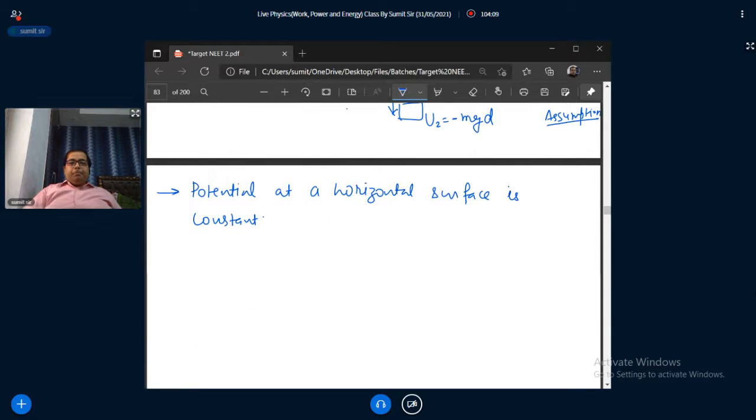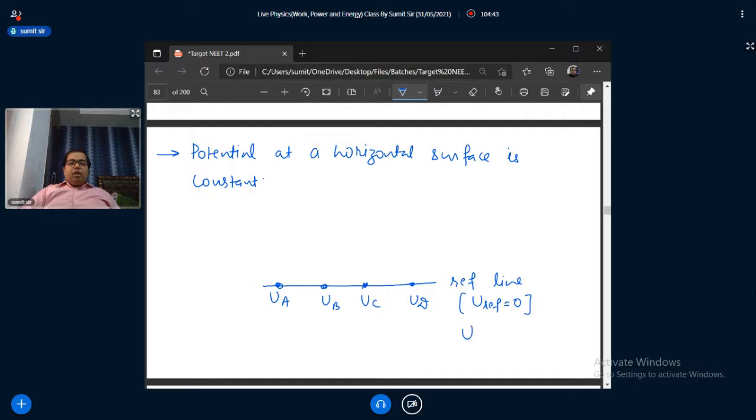Suppose this is a surface, and suppose this is a reference line, and you assume that U reference is 0. Now every point on the reference has the same potential: UA, UB, UC, UD. UA is equal to UB is equal to UC is equal to UD is equal to 0.